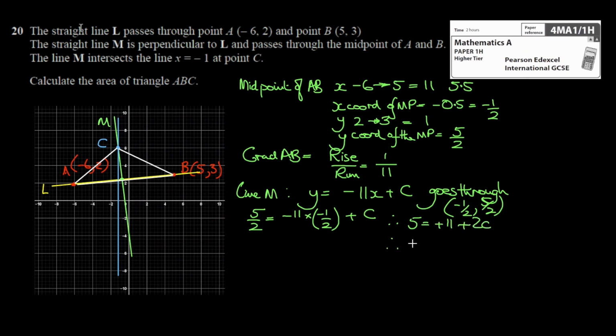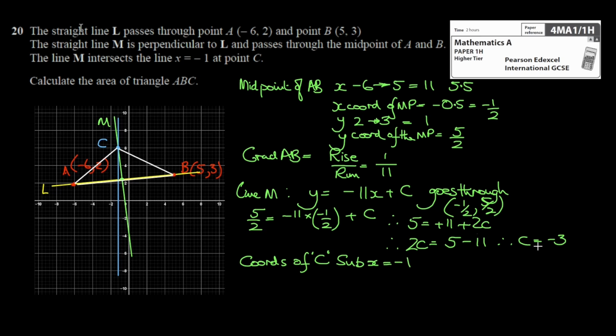So therefore, 2c is equal to 5 minus 11, and therefore c is equal to -3. Does that look about right?